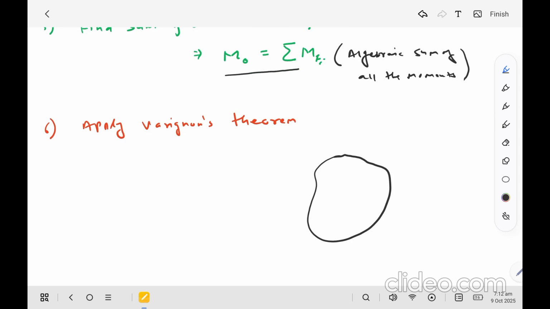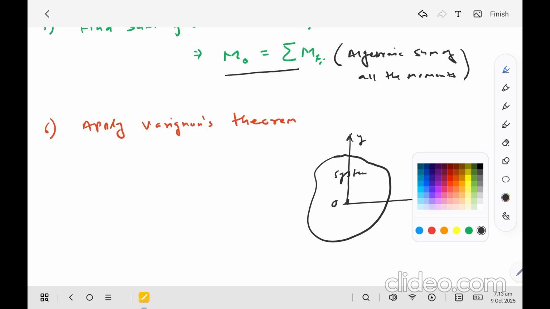Now my case is this one. This is again the system of the body, the x-axis, this is the y-axis, and this was point O somewhere here. Now I have considered the point O is here.